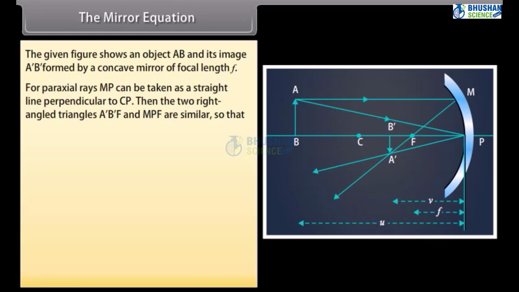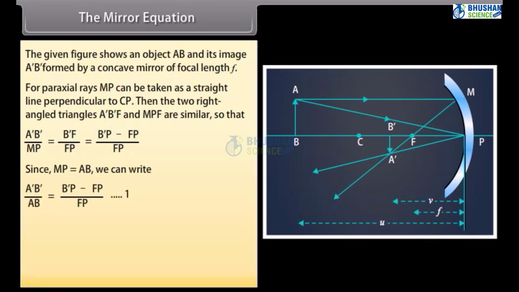Then the two right-angled triangles A'B'F and MPF are similar, so that A'B' by MP is equal to B'F by FP, which is equal to B'P minus FP by FP. Since MP is equal to AB, we can write A'B' by AB is equal to B'P minus FP by FP.